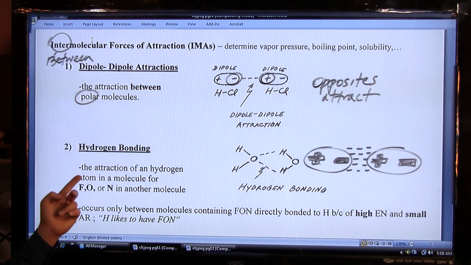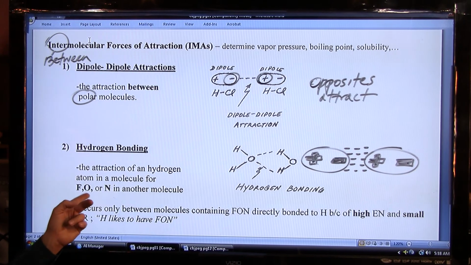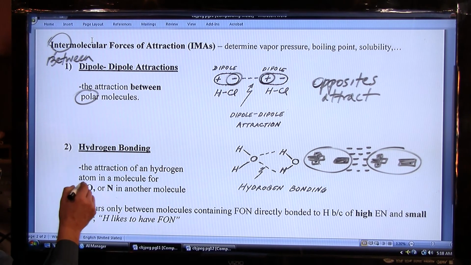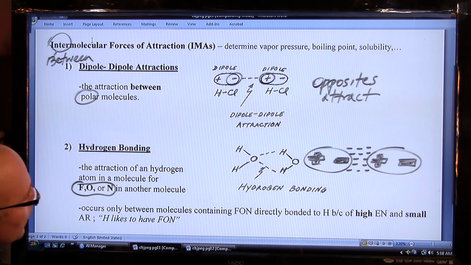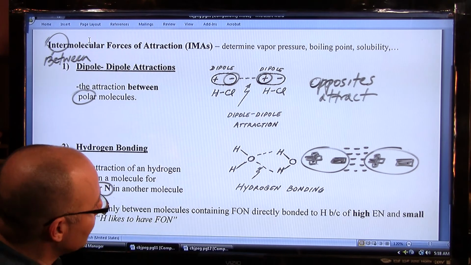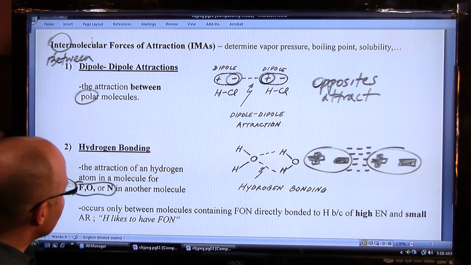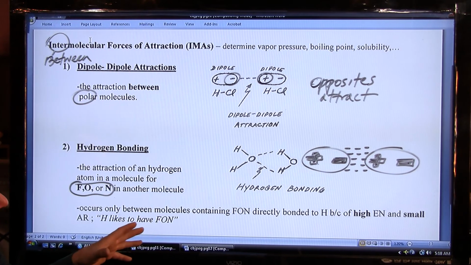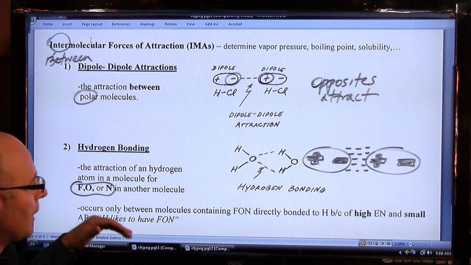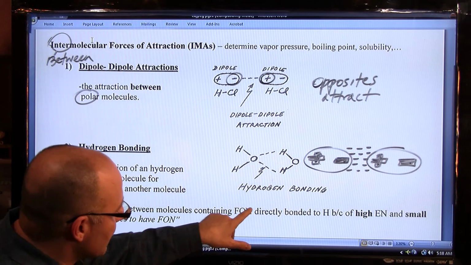So hydrogen bonding is the attraction of a hydrogen atom in a molecule for fluorine, oxygen, or nitrogen in another molecule. All right? And this occurs only when hydrogen is directly bonded to fluorine, oxygen, or nitrogen.